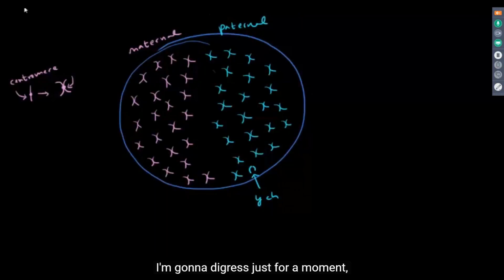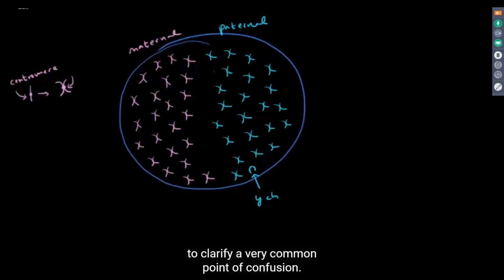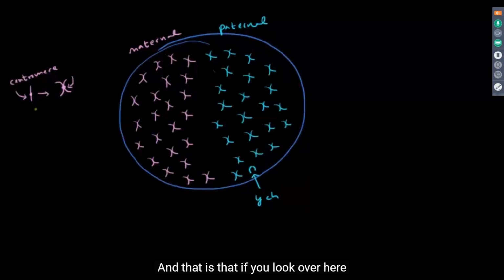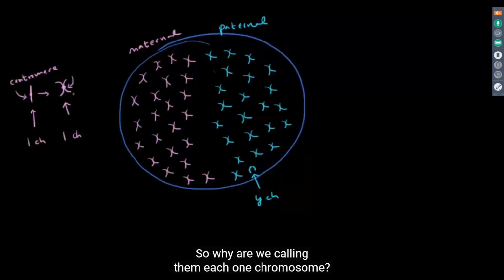I'm going to digress just for a moment to clarify a very common point of confusion. If you look over here at these two chromosomes, this is considered one chromosome, but so is this. This can be confusing because this is only one chromatid, and this is two chromatids, so why are we calling them each one chromosome? The answer is because we count chromosomes by the number of centromeres.